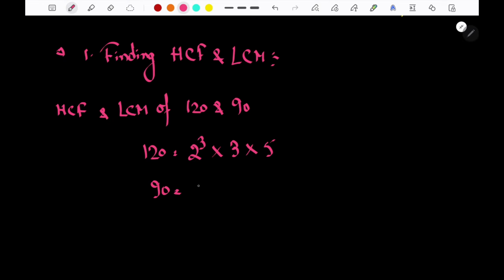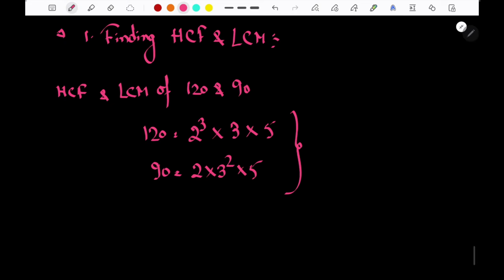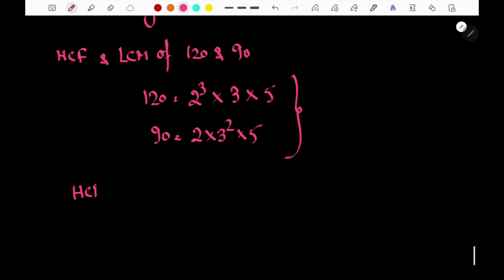Again 90, 15 into 6. So this can be written as 9 into 10. So 2 into 3 square into 5. Done. Now what is HCF? HCF is highest common factor. It means we can choose lowest powers of common prime factors.